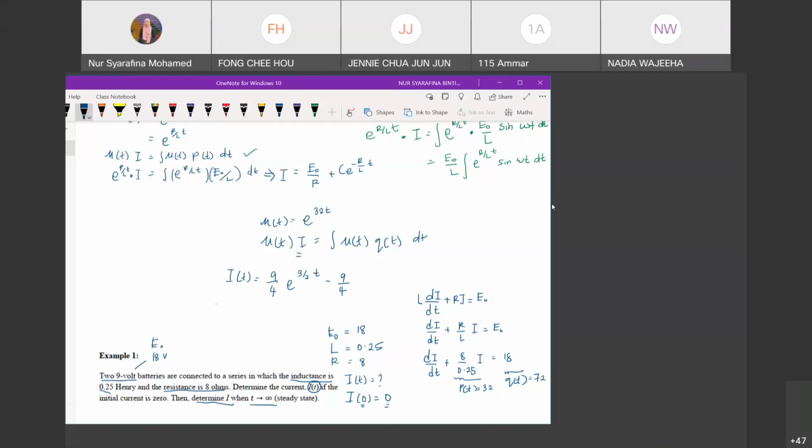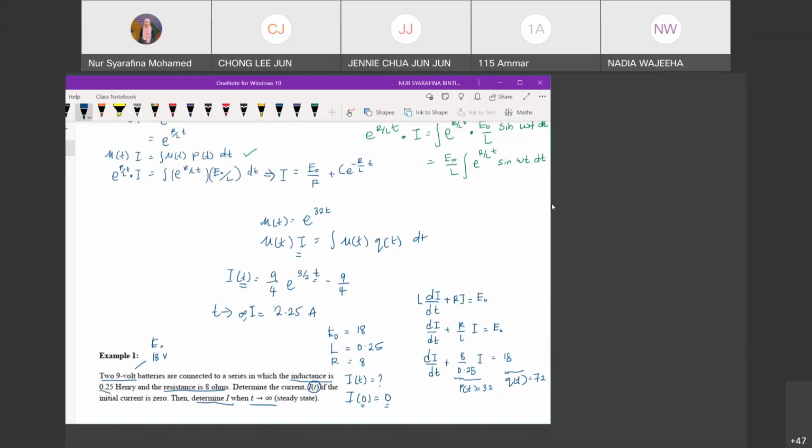When t approaches infinity, just substitute t with infinity, and then you should have I equals 9/4, which is 2.25. All right, clear, everyone?